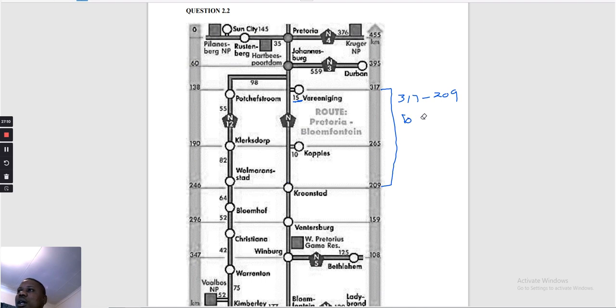So we take 108 kilometers plus 15 kilometers, and that gives us 123 kilometers. That is the distance from Vernagen to Kronstadt.